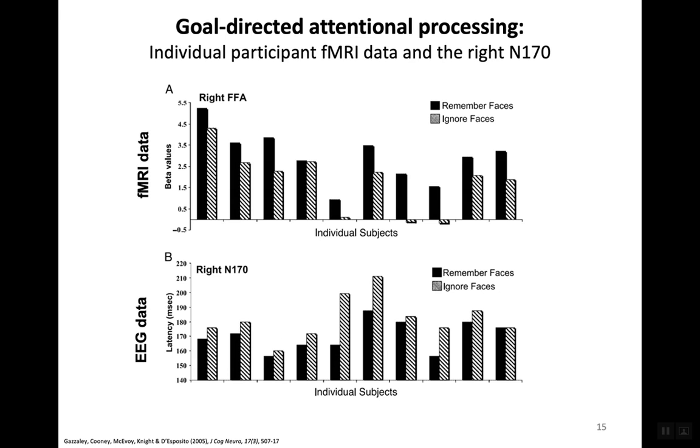We speed up processing of things that are of interest to us. So this is a pretty compelling story about what attention does at the neural level and how it does it. It devotes more activity to a stimulus of interest, and it speeds up its processing.